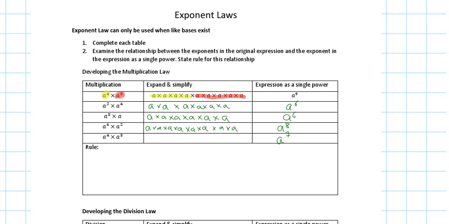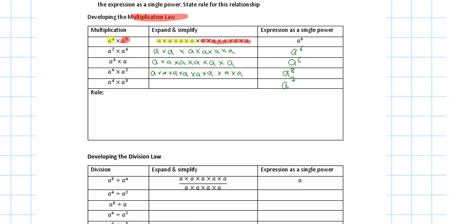Okay, so for the multiplication law, we keep the base, so you must have the same base, right? So you're going to keep the like base. You see nothing is changing with the base. It stays the same. And add the exponents.